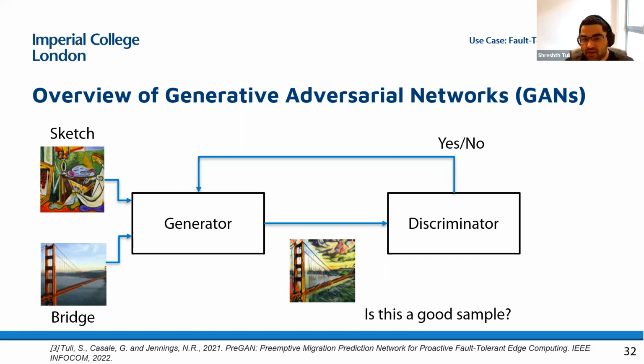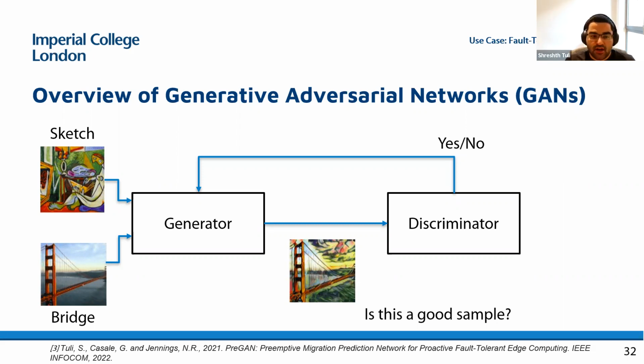For any input sample, say if you want to generate a sketch of a bridge, I give the generator what a sketch looks like. I also give it what a bridge looks like, and it generates a sample image of a sketch of a bridge. Then we send that image to a discriminator, which answers whether that newly generated image is a good sample or not, and acts as an adversary, telling it whether and how it should improve the parameters of the generator network.